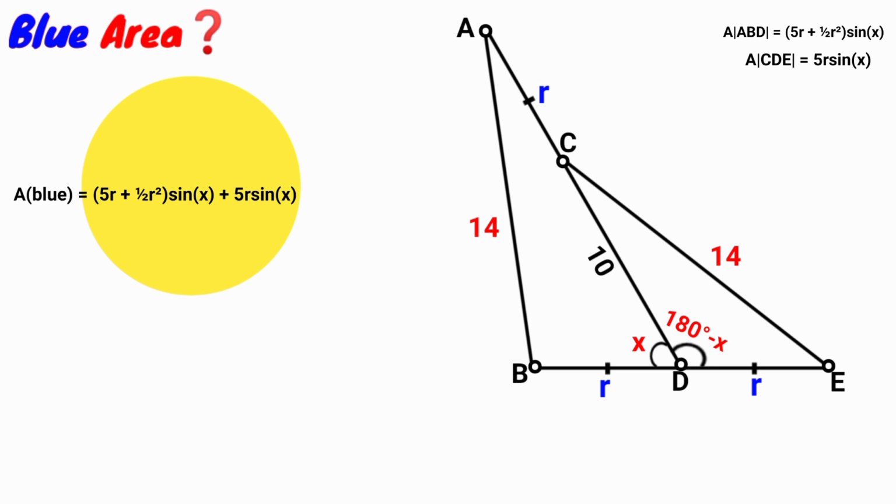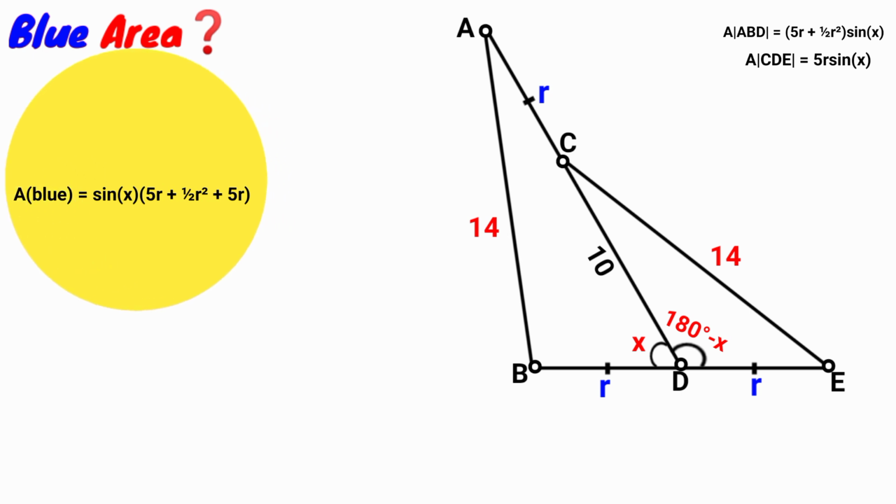We factor it out. So blue area equal to sin X into bracket 5R plus 1 over 2R squared plus 5R. 5R plus 5R is 10R. So blue area equal to sin X open bracket 10R plus 1 over 2R squared.